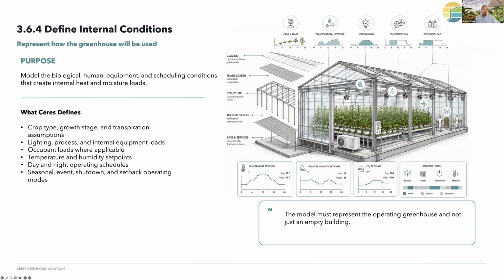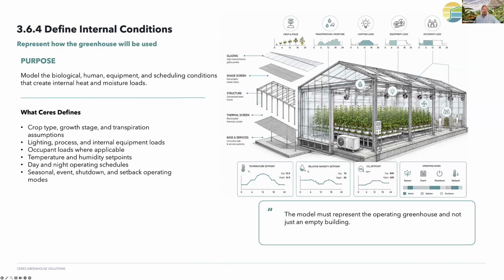An empty greenhouse model does not represent how a greenhouse functions. We need to account for crop type, growth stage, transpiration, lighting, equipment, occupants, irrigation-related moisture, day and night set points, seasonal schedules, event shutdowns, any kind of setback modes that are programmed. These internal conditions can create large sensible and latent loads.